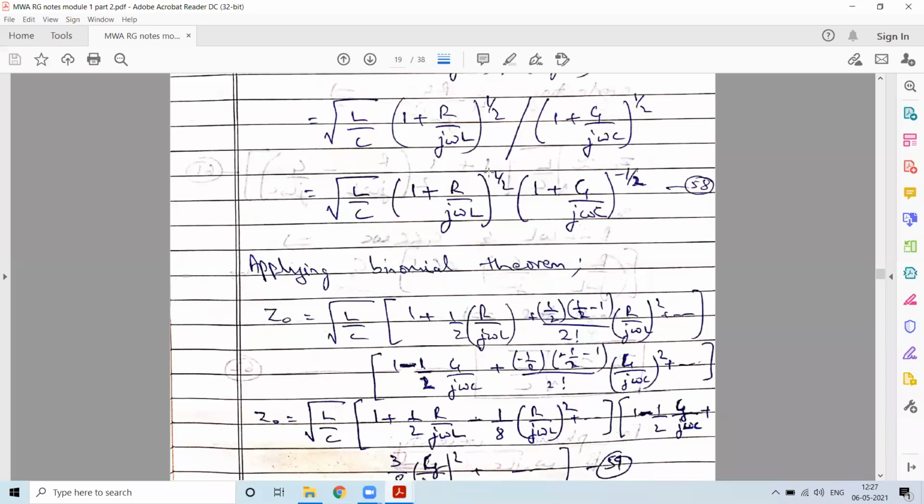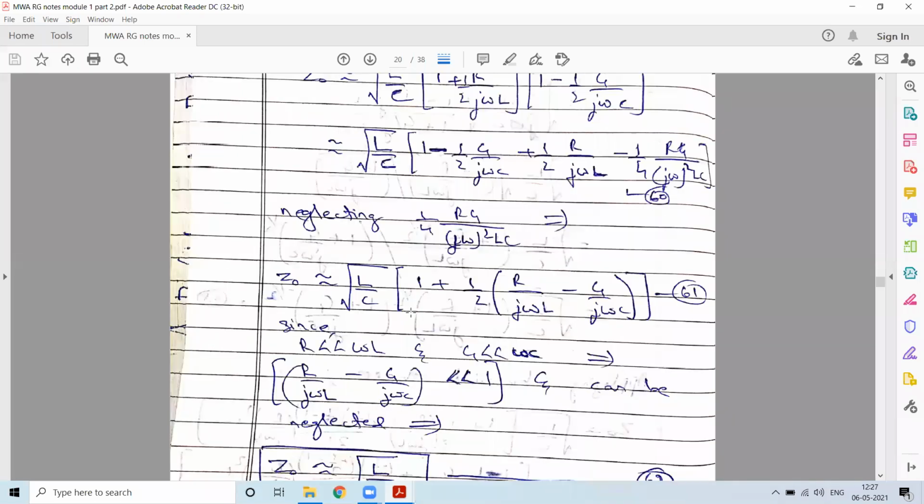And from that alpha and beta we can obtain the propagation constant. This is what we had obtained in the previous session.